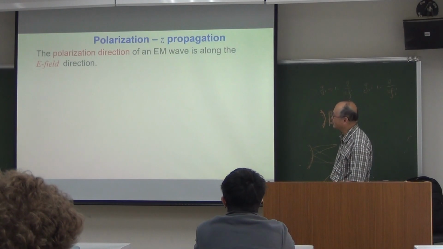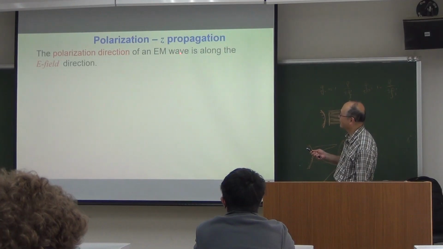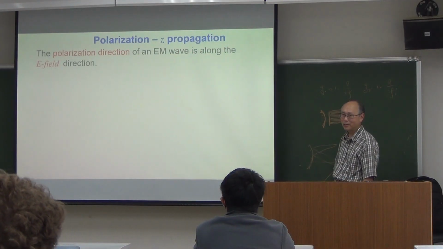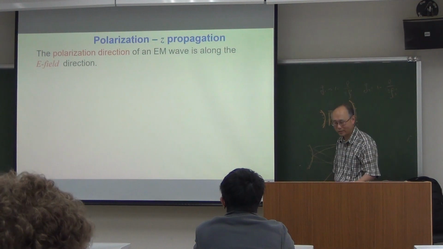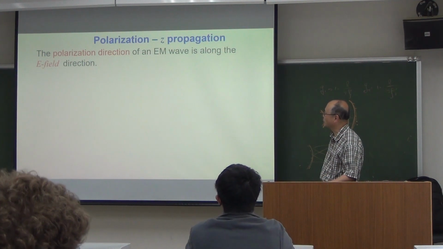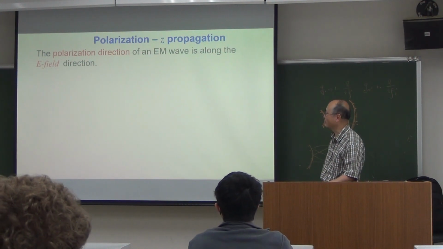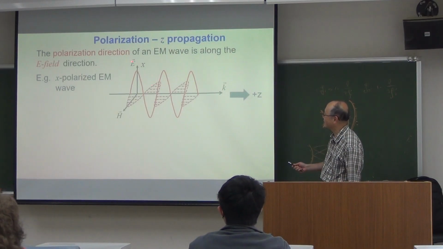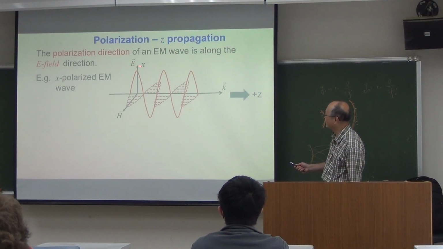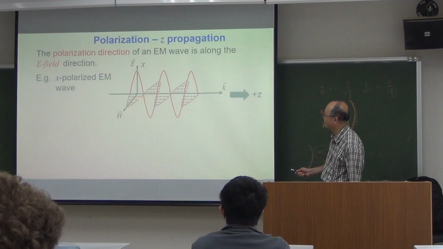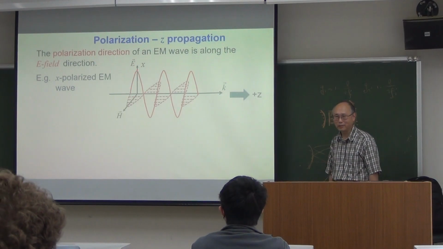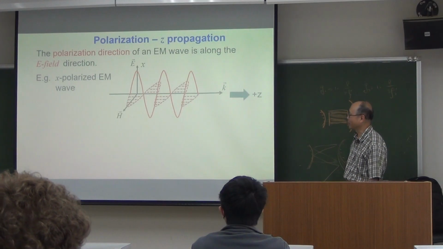Previously we said that the polarization direction of the EM wave is along the electric field direction. The simplest is the transverse electromagnetic wave, TEM wave, right? If you could identify the direction of the electric field, then this is the polarization direction of the light. Everybody understood this.